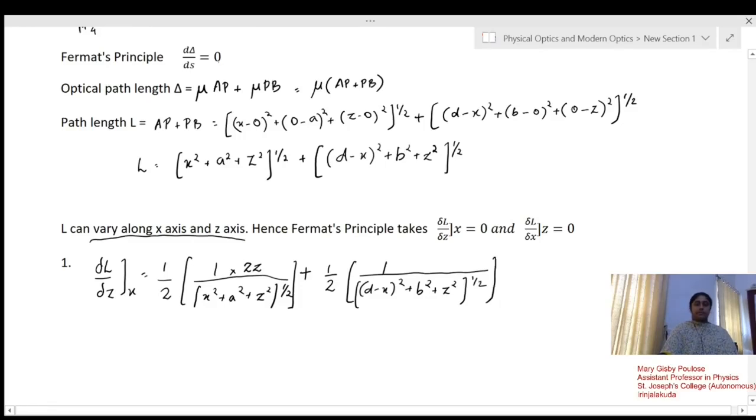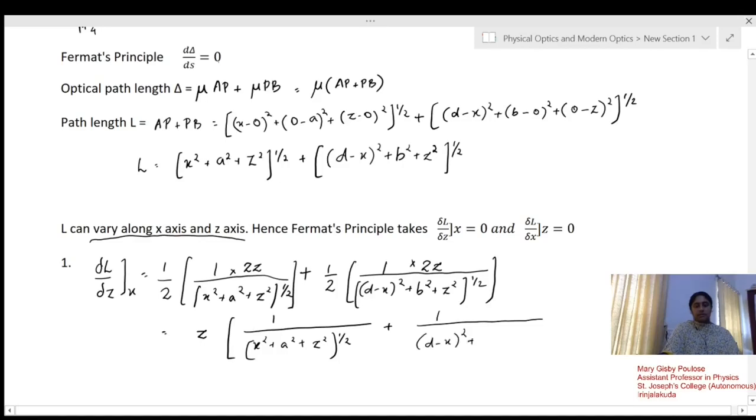Okay, fine. Here 2 cancels out. Here I haven't written the next term into 2z. And z is a common term, which can be taken outside, so you get z into [1 divided by (x² + a² + z²) raised to 1/2, plus 1 divided by ((d − x)² + b² + z²) raised to 1/2], right?